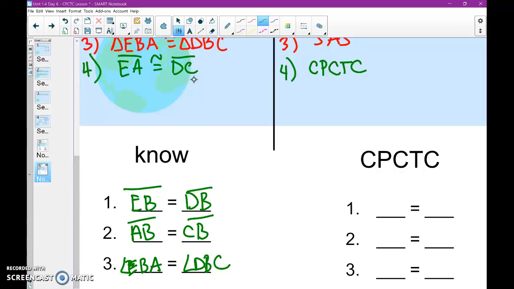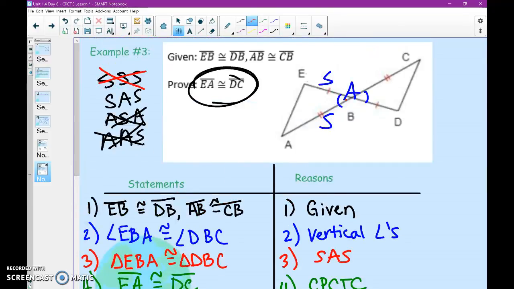Not only is this set congruent because of CPCTC, after we prove the triangles congruent, but now all the other pieces are as well. So these guys were congruent, and then our angle pairs were congruent.